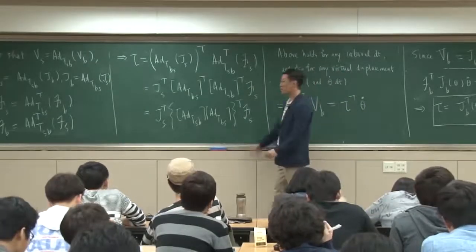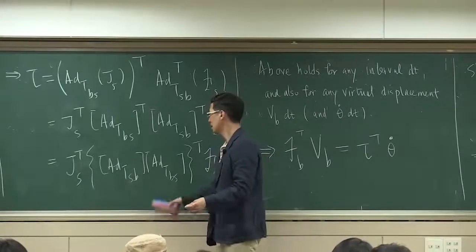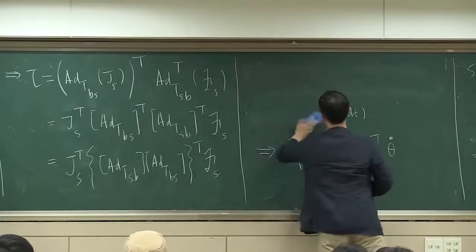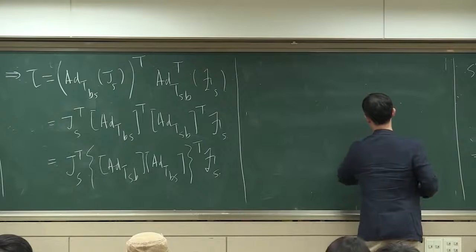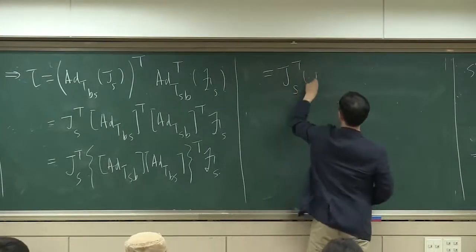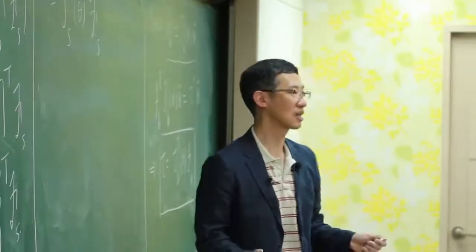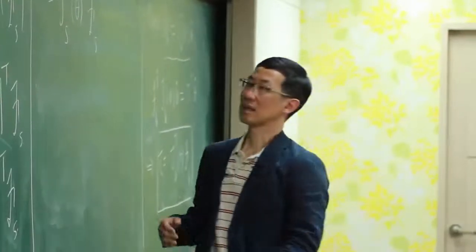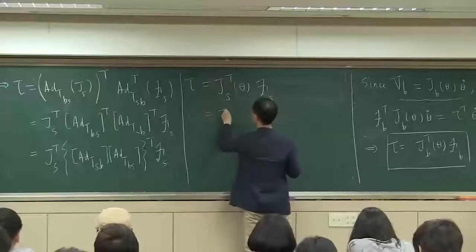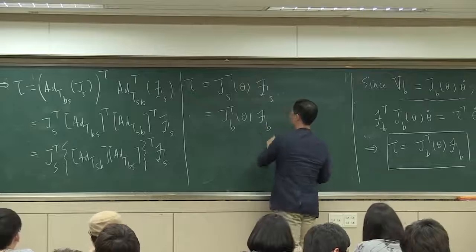All right, so this cancels. Ad_TSB times Ad_TBS is equal to the identity. So we're left with J_S transpose times F_S. Aha, so that's consistent. So tau is equal to that, is equal to J_B transpose F_B.